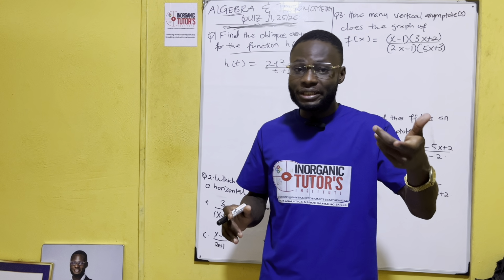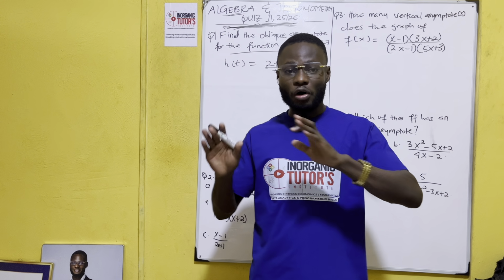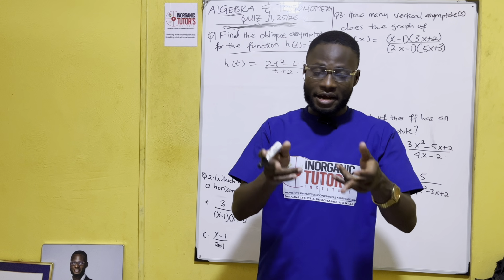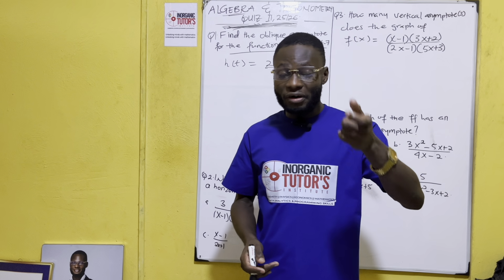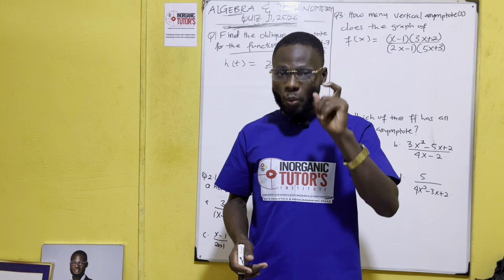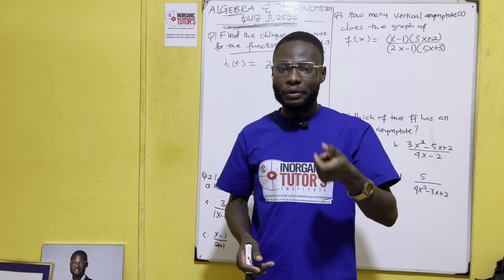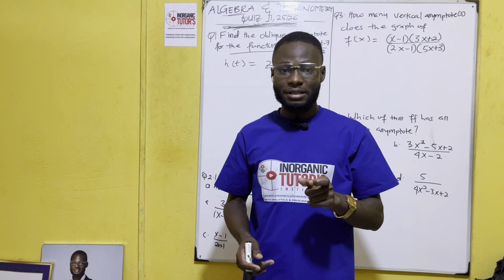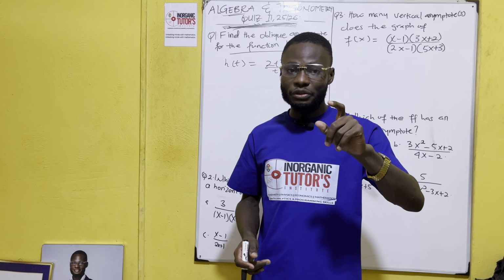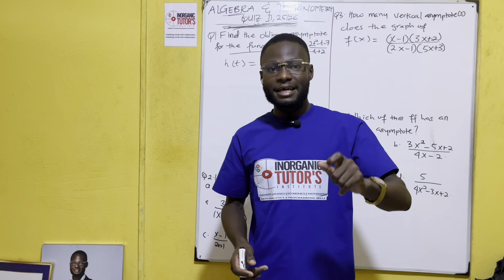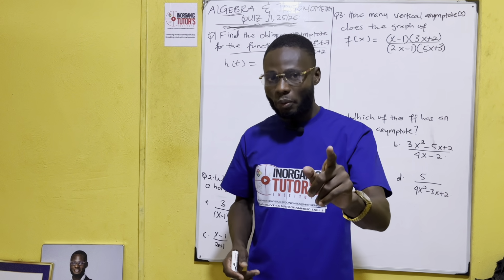If the degree of the numerator is greater than the degree of the denominator by just 1, then an oblique, slant or diagonal asymptote exists. I say again: to find the oblique asymptote, the condition you have to check is whether the degree of the numerator is greater than the degree of the denominator by just 1.